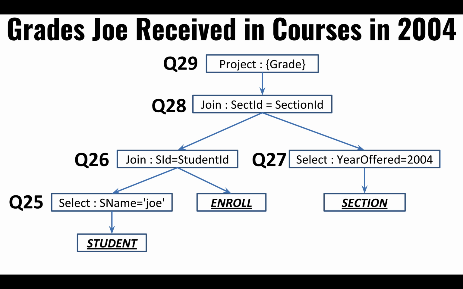Okay. Or graphically, we can represent it this way, right? Where we have a flow of data from the various tables, feeding all the way up to the ultimate query of identifying what the grade is for Joe enrolled in sections of 2004.